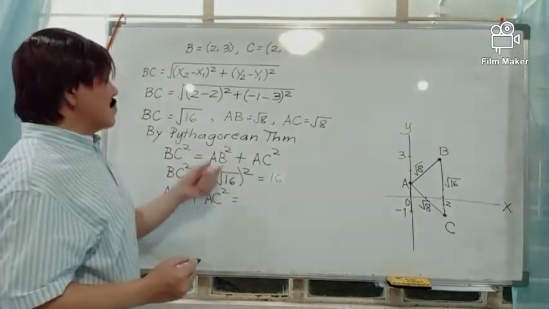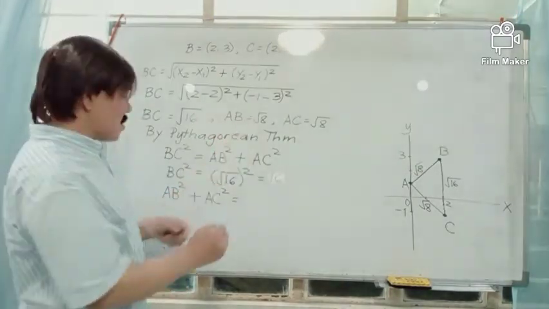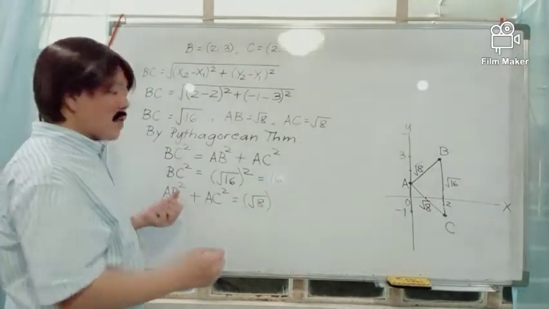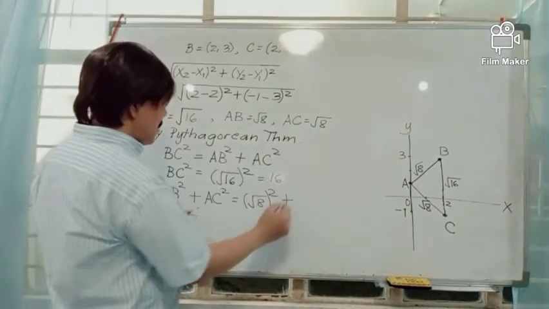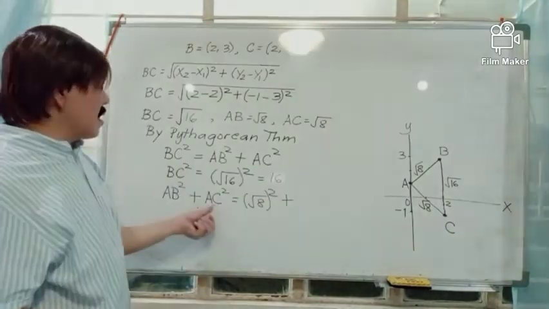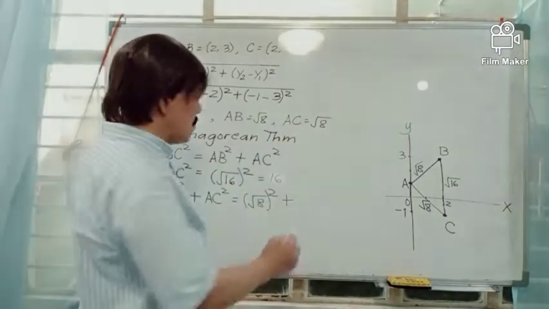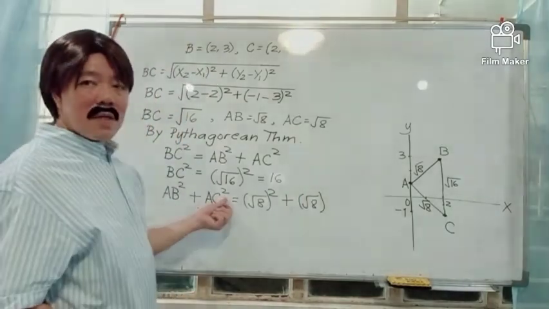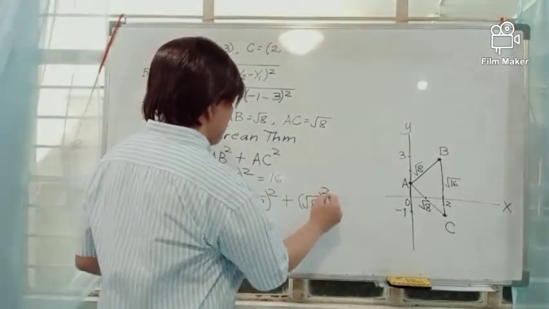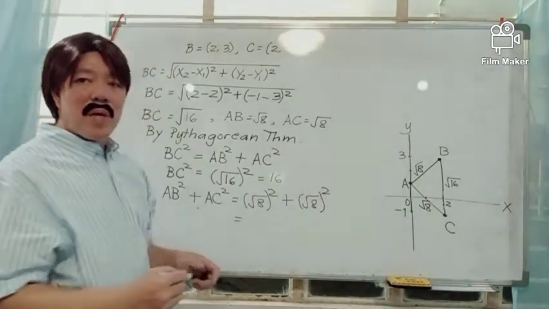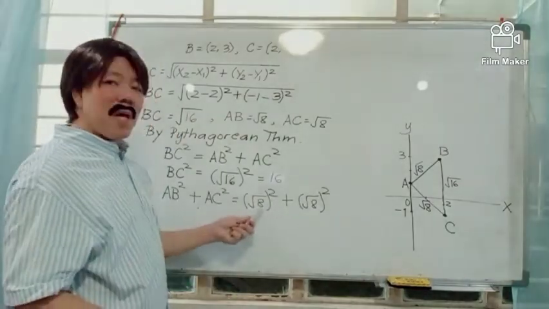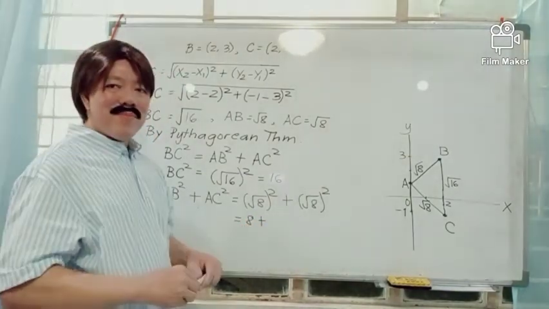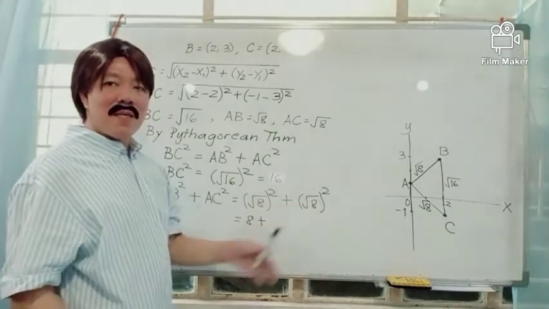The distance between A and B is the root of 8, and you take the square of it, plus the distance between the vertices A and C, which we found is equal to the root of 8, and we get the square of this. Again, by property of radical from algebra, the square of the root of 8 is equal to 8, plus the square of the root of 8 is 8.